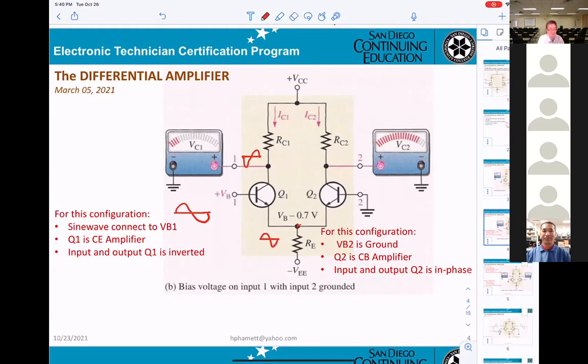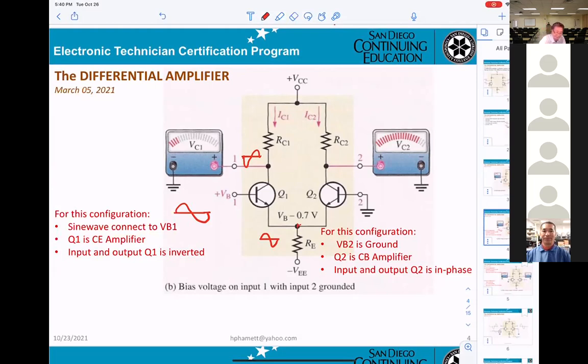The thing is, in this case, you don't have any bypass capacitor. You get that?